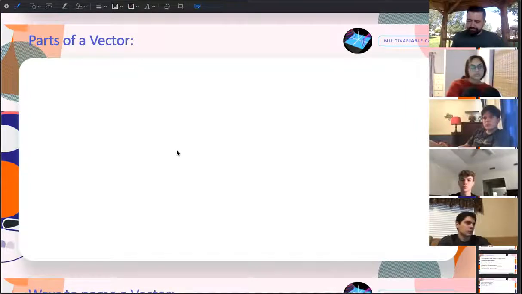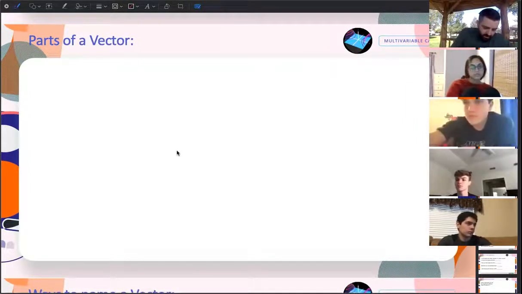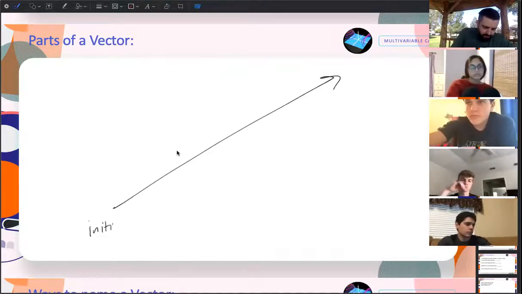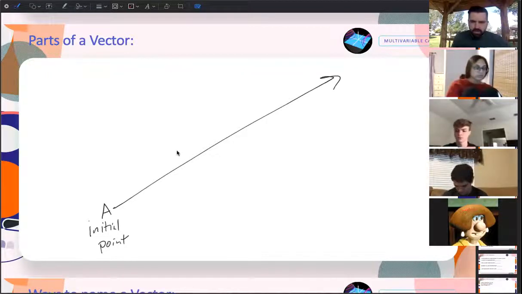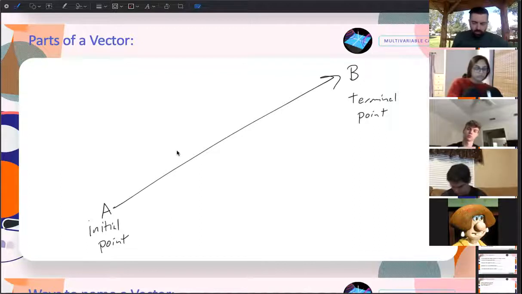Parts of a vector. We have an initial point, labeled like any other point, A, B, C, whatever. We have a terminal point. And so then we would normally call this vector AB.